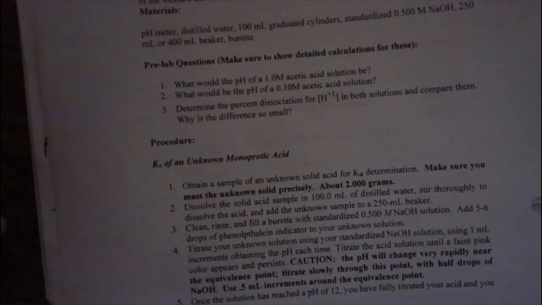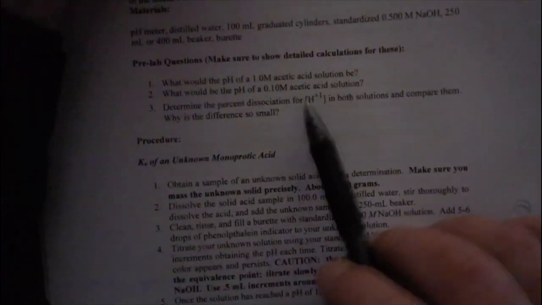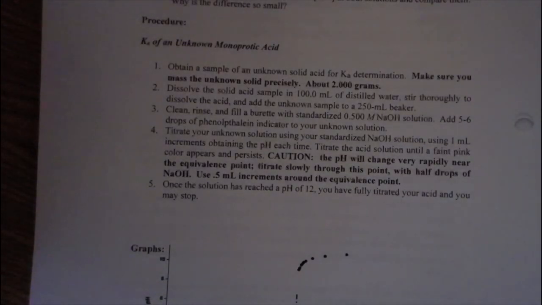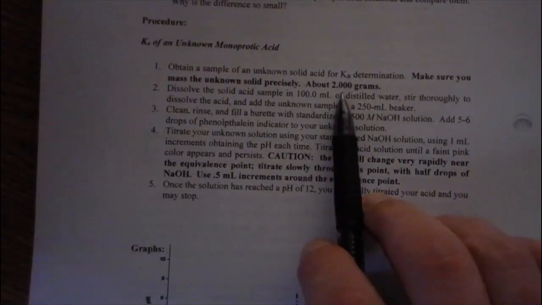So we've been preparing for this moment for quite some time. There are some pre-lab questions for you here. I'm going to give you an unknown powdered acid. If there's one, we'll change this to 1 gram instead.